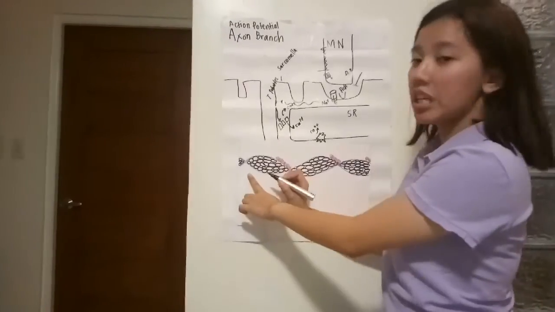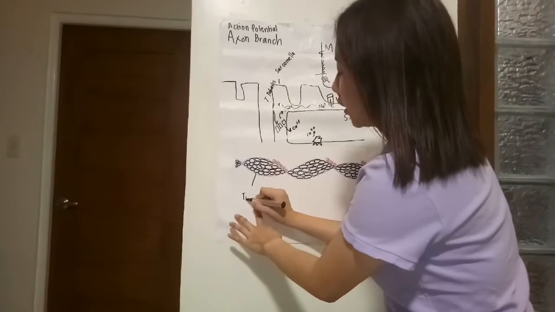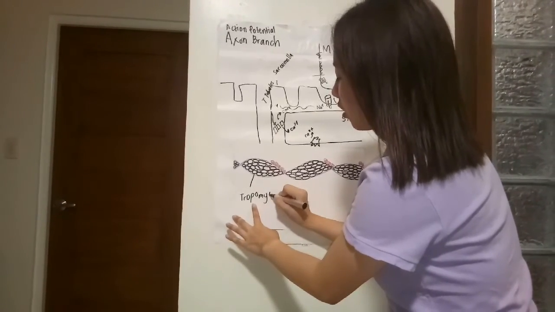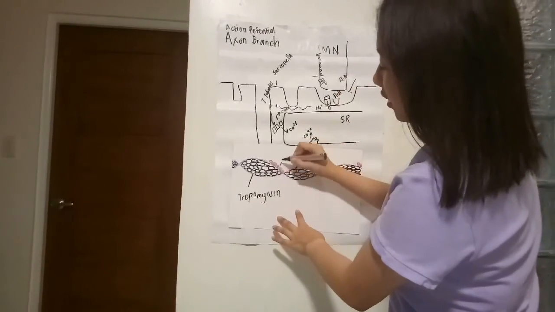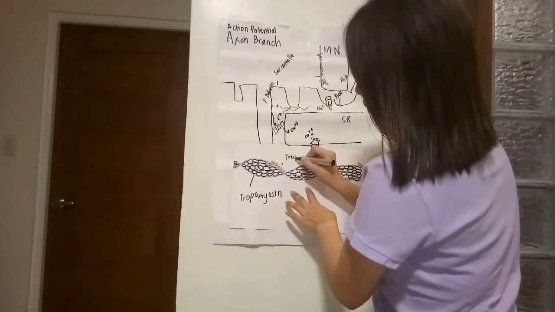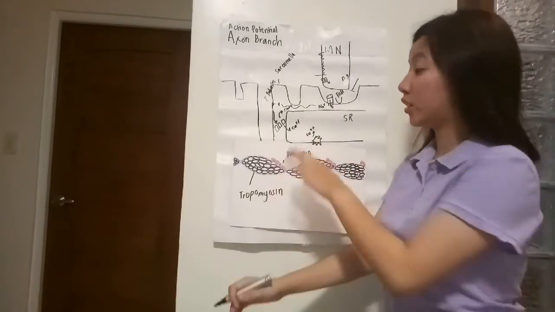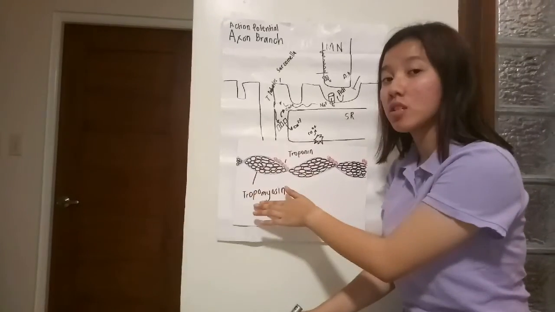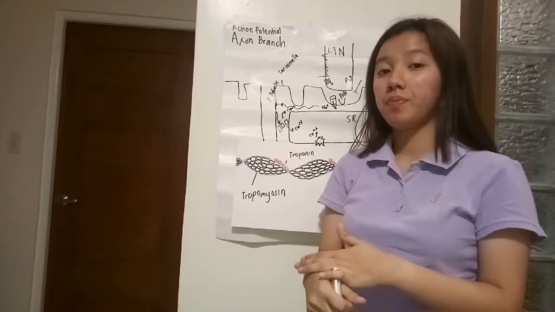You can see the blue one would be the tropomyosin, and the red one is our troponin. Once troponin is bound with calcium, it would then move the tropomyosin, and our myosin would be revealed.